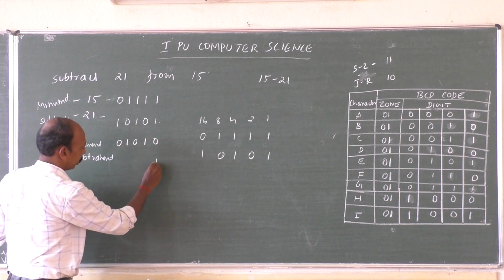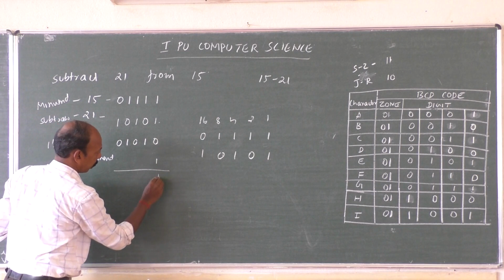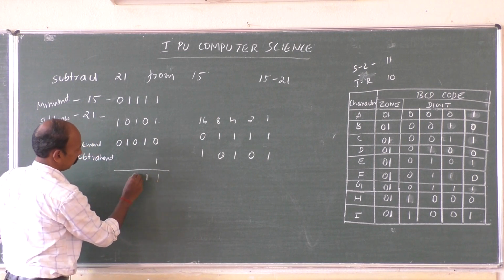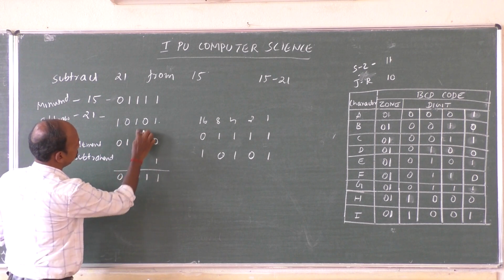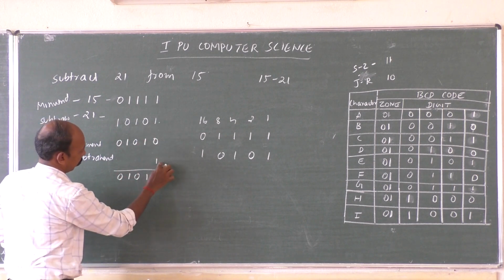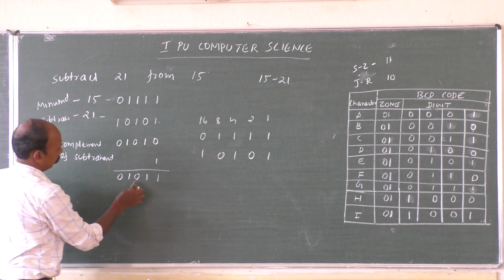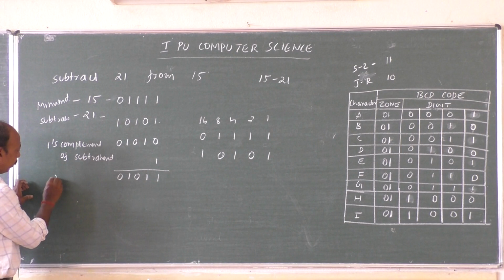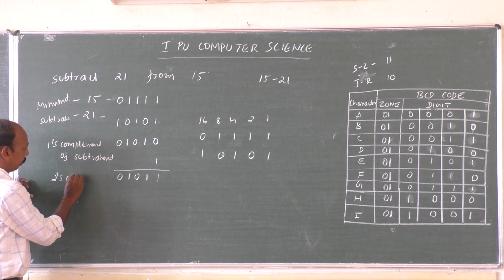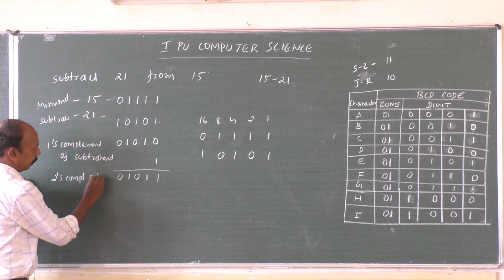Add 1 to that, this will be 0, 1, 0, 1, 1. Yeah. So this is the 2's complement of the subtrahend.